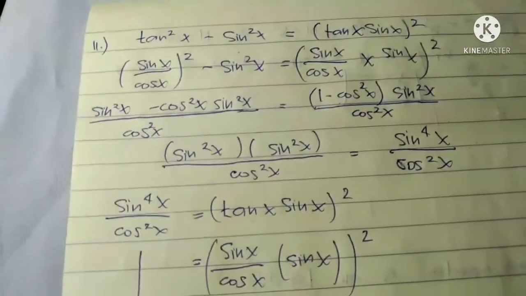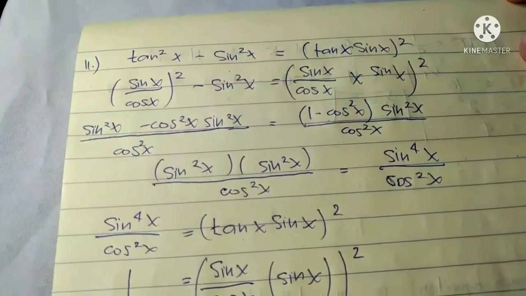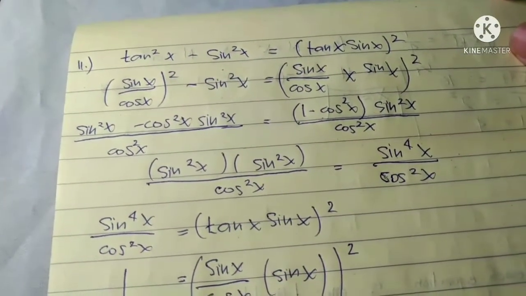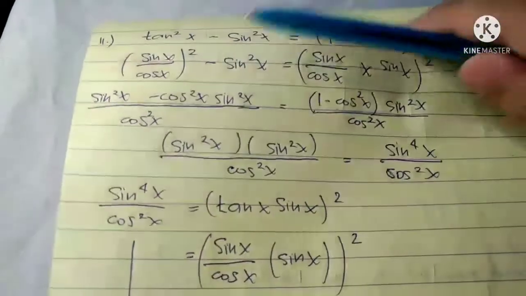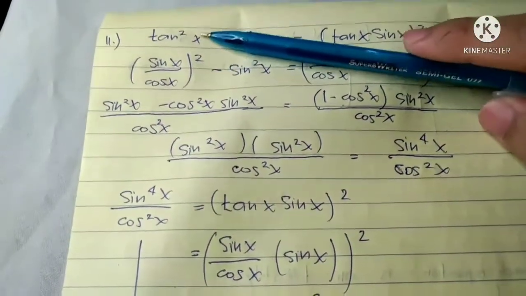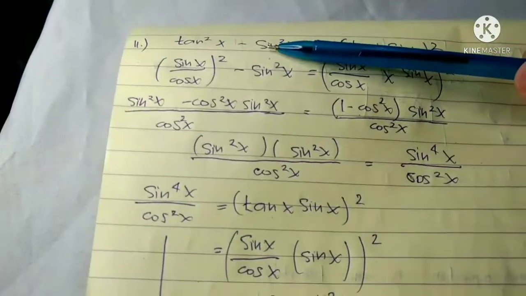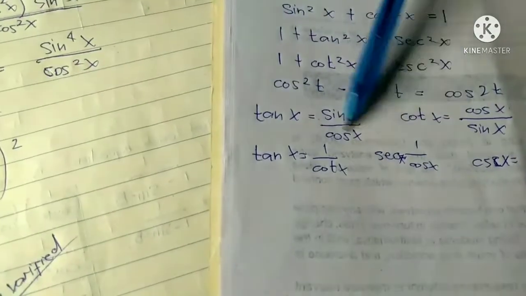So here, number 11, we have tangent squared x minus sine squared x is equal to the quantity tangent x sine x squared. So we transform tangent squared x into cosine and sine form. So tangent squared x is equal to sine over cosine.